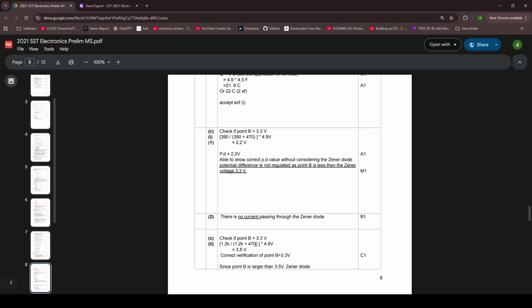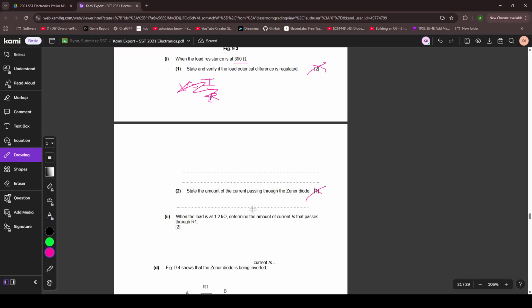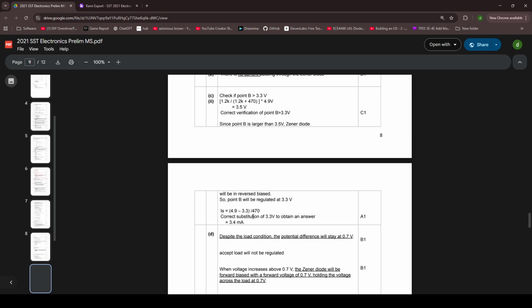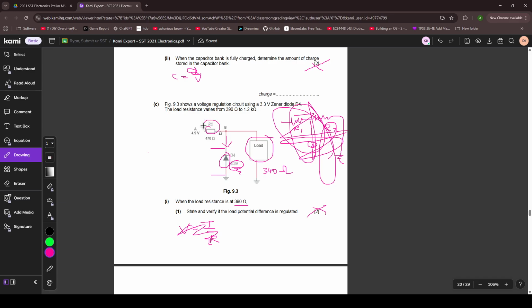It is a voltage divider circuit again. So we get the voltage. Am I looking at the wrong thing? No. It'll be reverse bias. So, oh, okay. But then what? Oh, crap. Yeah, okay.